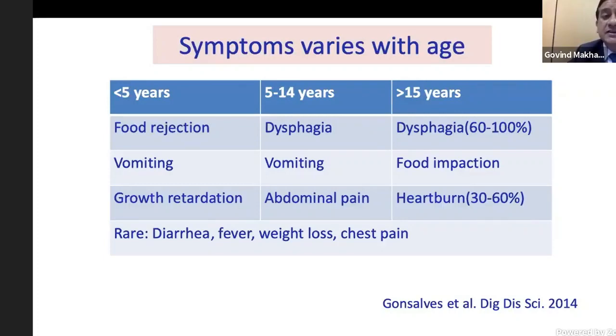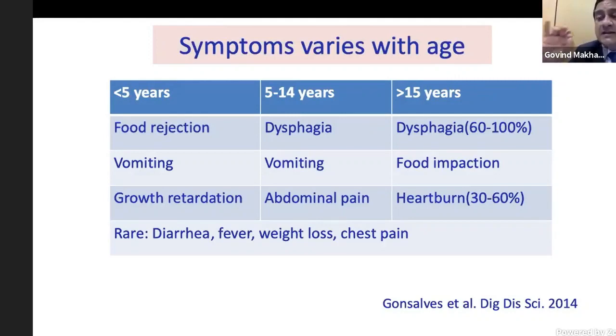In these patients, you need to suspect this disorder, do endoscopy, do biopsy, confirm the diagnosis and treat them. As the disease progresses, there will be compromise of the esophageal lumen. Therefore, they can have more classical features, which are seen in higher age groups, like dysphagia, food impaction, and other esophageal symptoms.